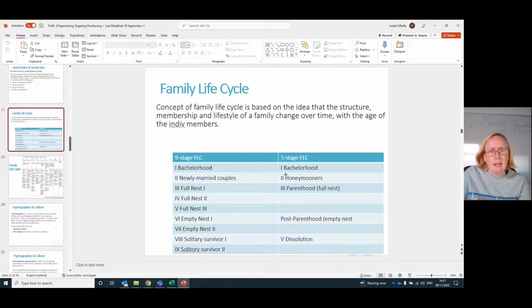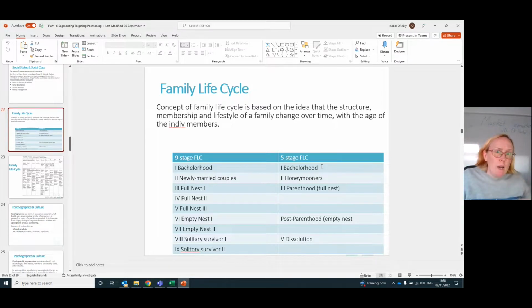So we look at the first couple. So bachelorhood, same on both sides. This is again the first time you appear on this table as your own entity, is when you leave home. Before that point, you are within your parents' family and you dictate where they are on this table.